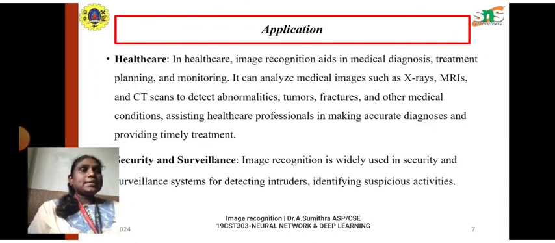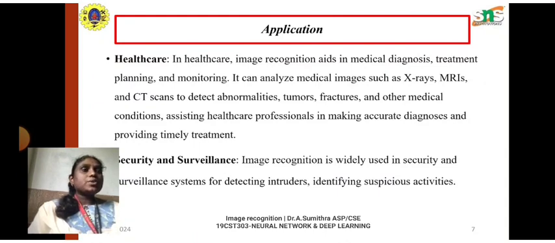Interpretability. Understanding why a deep learning model makes a particular prediction remains challenging, hindering trust and transparency in critical applications like healthcare and criminal justice. Computational resources. Training deep learning models requires significant computational resources, including high-performance GPUs or TPUs, which may be inaccessible to researchers and practitioners in resource-constrained environments. Adversarial attacks.